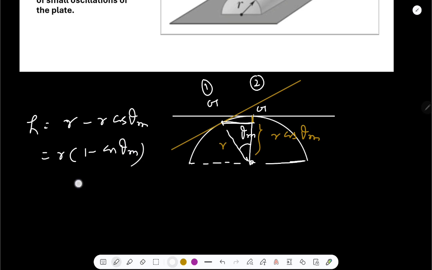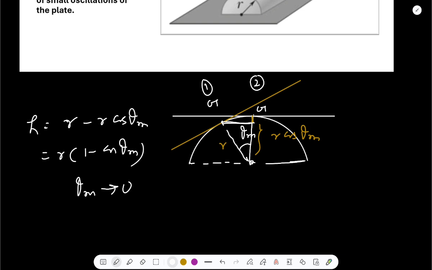Of course this theta m is very small, but if I put theta m equal to 0, then cos 0 becomes 1 and this height will be equal to 0. So the height is definitely not 0.